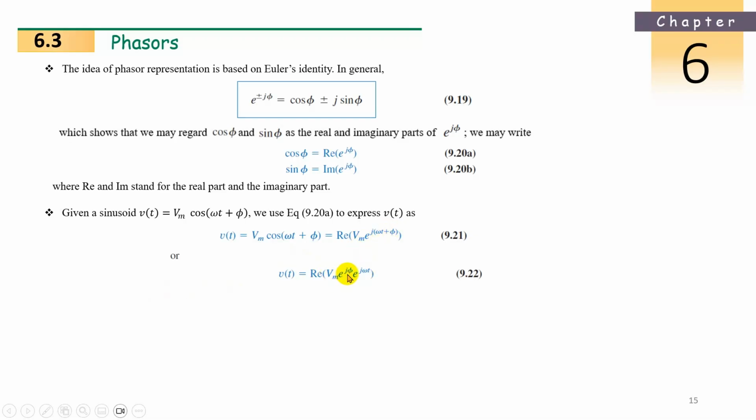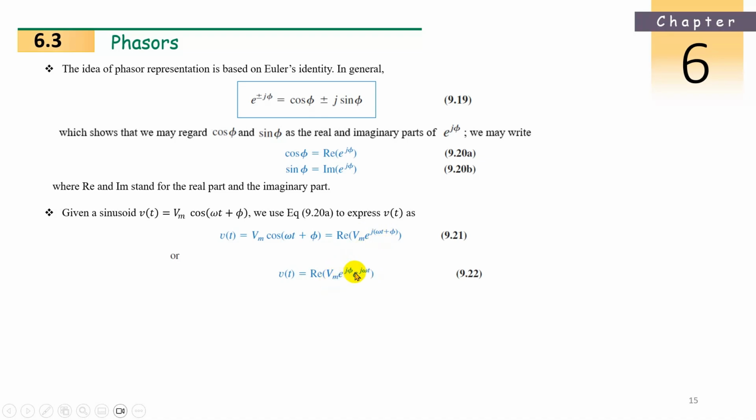If you multiply e power of x and e power of y, what is the value? E power of x plus y. The powers are added when multiplied. So like this, I separated e power of j phi and e power of j omega t.